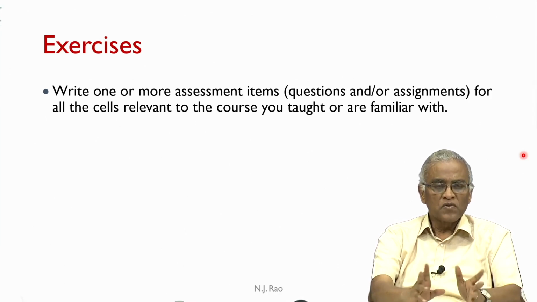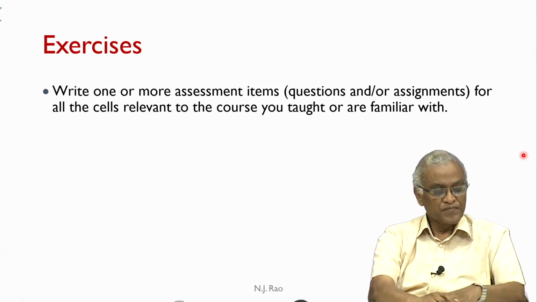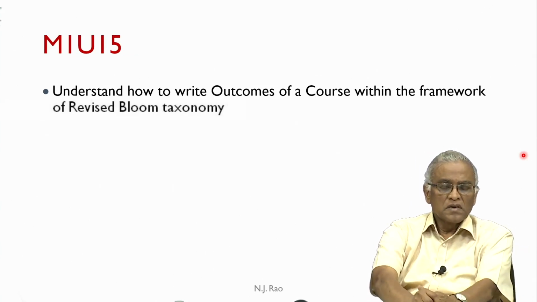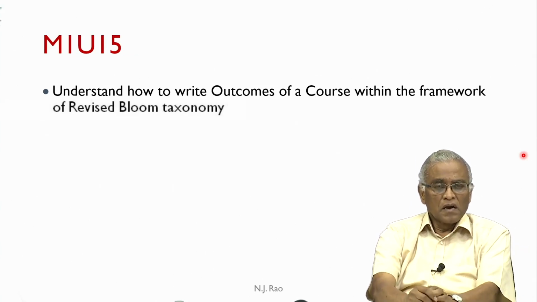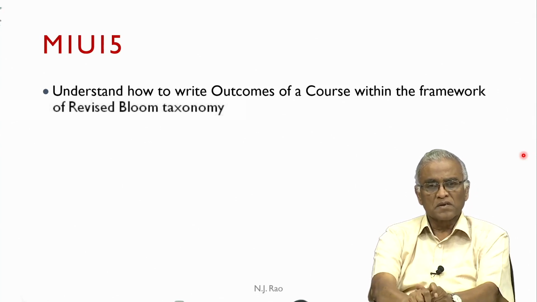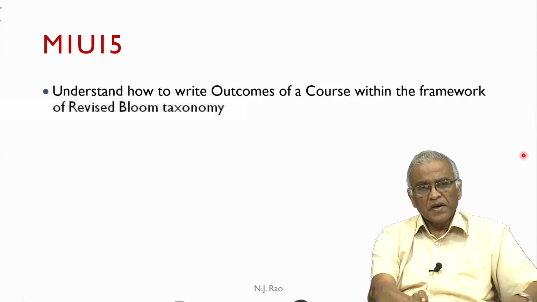So, in each one of the relevant cells, is it possible for you to write at least one or more questions for that? And in the next unit, unit 15, we try to understand how to write outcomes of a course within the framework of the revised Bloom taxonomy. Thank you very much.